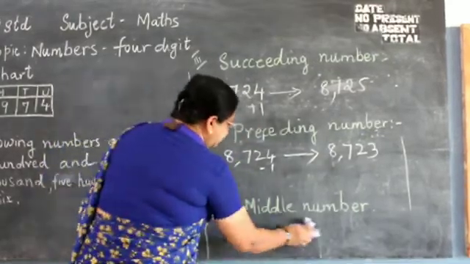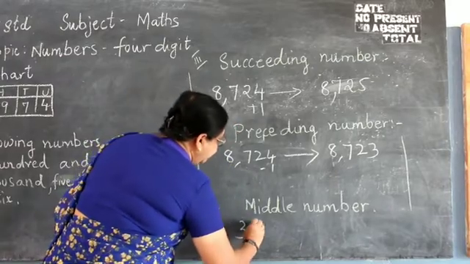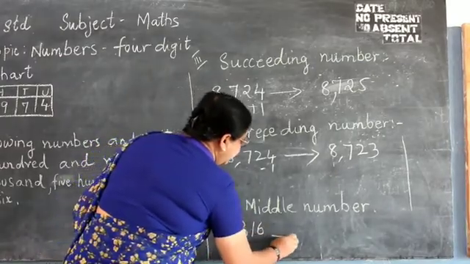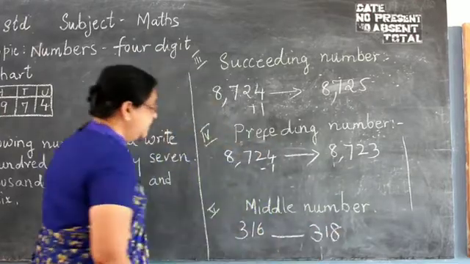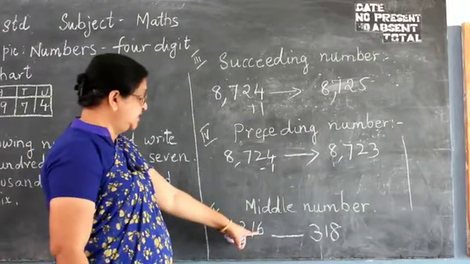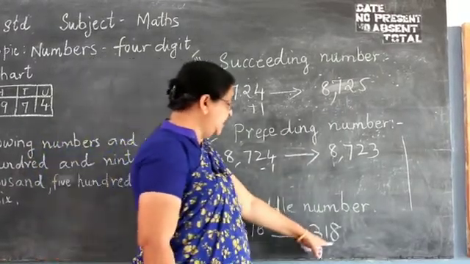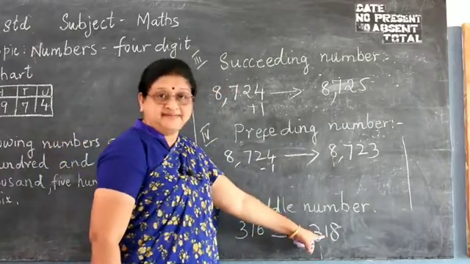Same way 3 digit. Now 3 digit, for example 316 dash 318. Now you see, unit digit is 6, and here it is 8. Here the tens digit is 1, here it is common. Both are common.